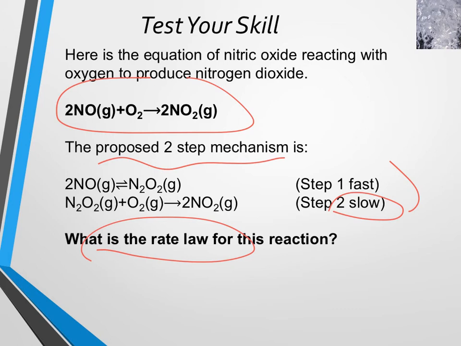And remember, this is not as easy as it might first look, because once you write the rate law for each of these elementary steps, the one that you choose to be the overall rate law must only have reactants in the expression, reactants from the overall balanced reaction. So if the rate law you decide is representative has anything other than nitrogen monoxide and oxygen in it, you have to do that mathematical substitution, assuming the fast step is the equilibrium, etc.